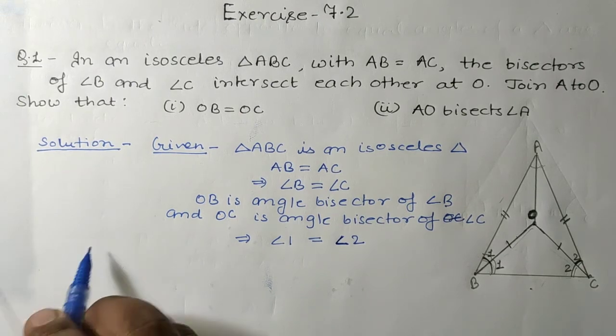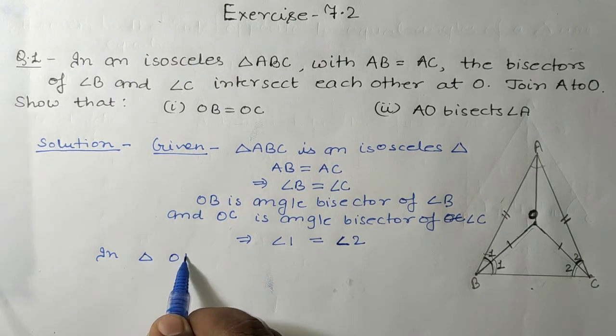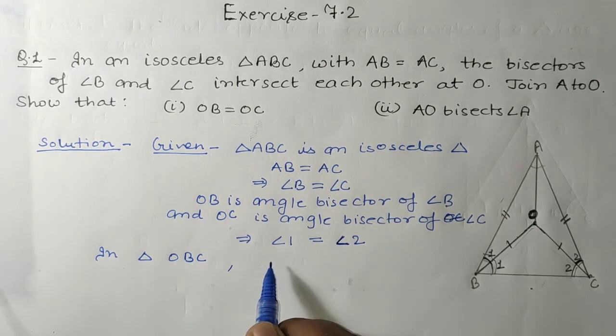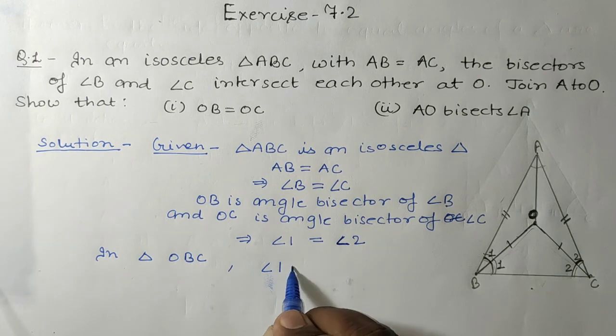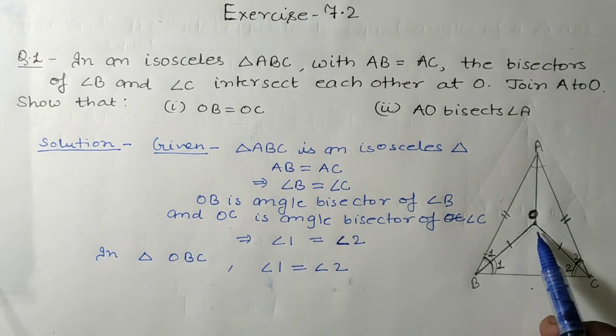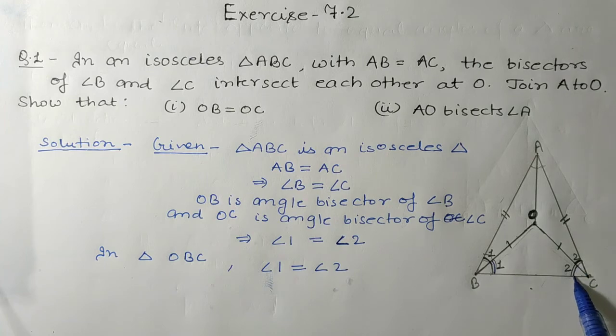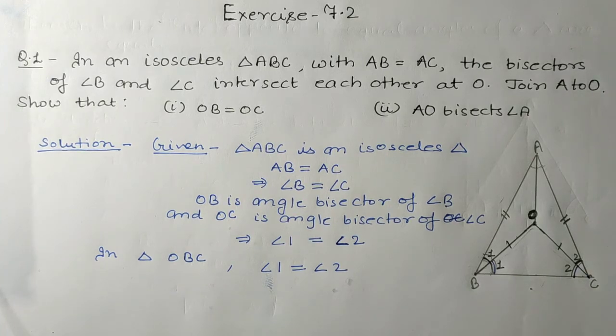Okay students, so see, in triangle OBC, if angle 1 is equal to angle 2, what will it imply? We have studied the second theorem that if in a triangle two angles are equal, then their opposite sides are also equal.